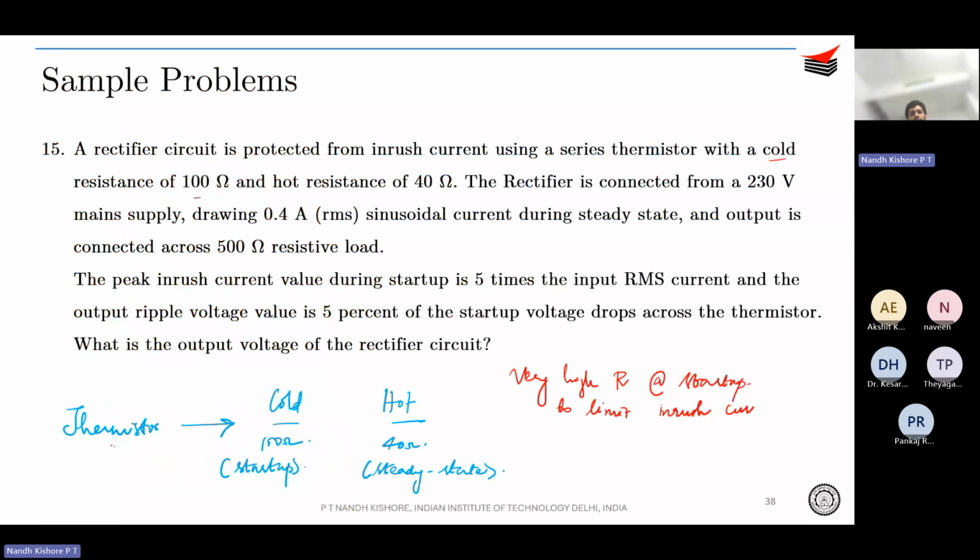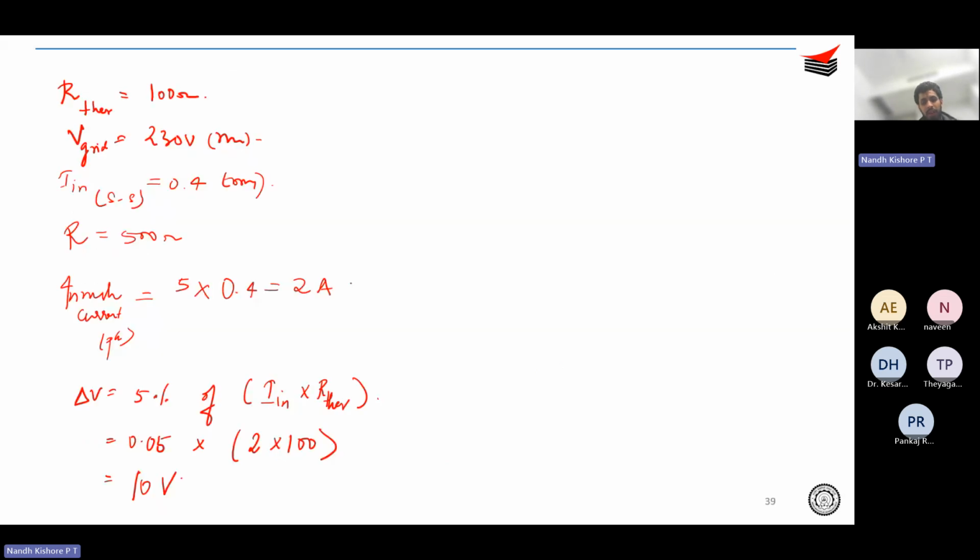So this is the drop across your thermistor, and delta V is 5% of that drop, which is 10 volts.